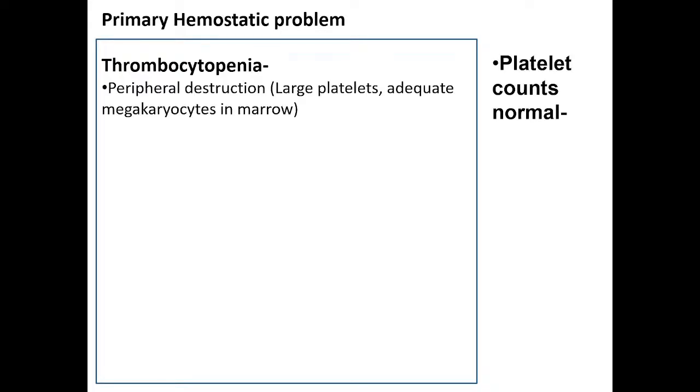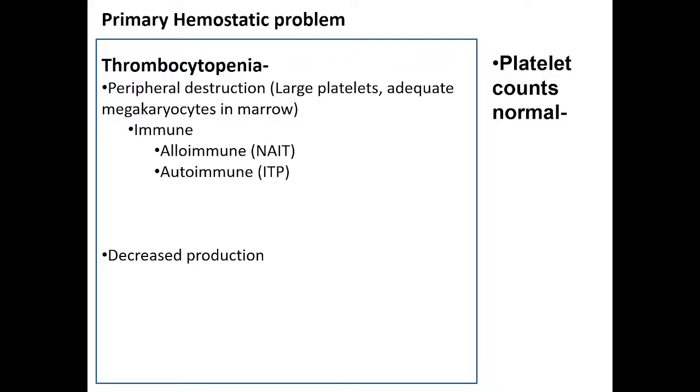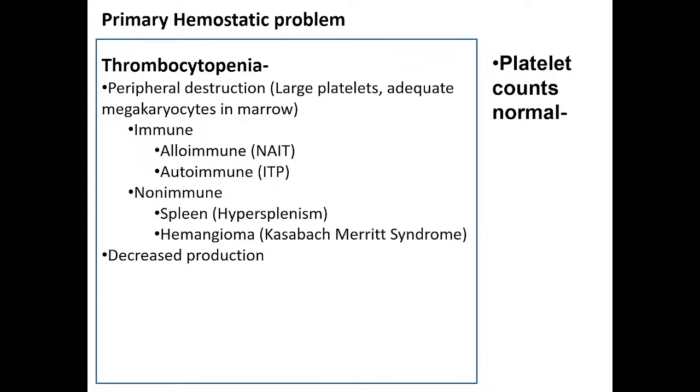So, if clinical and lab evaluation suggests primary hemostatic problem, then we should see whether platelet count is low or not. If it is low, then thrombocytopenia, which may have different causes: peripheral destruction and decreased production. And if peripheral destruction, then you will see large platelets and adequate megakaryocytes in the marrow, and the reason may be immune or non-immune.